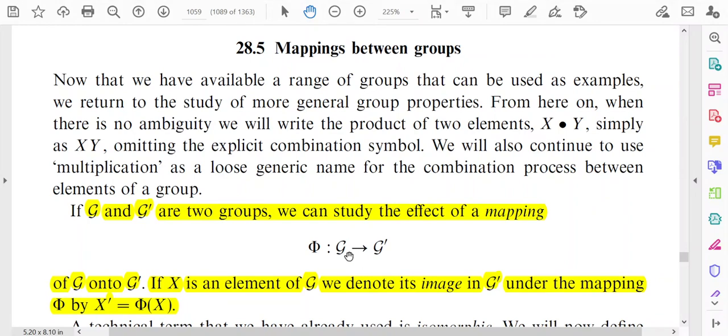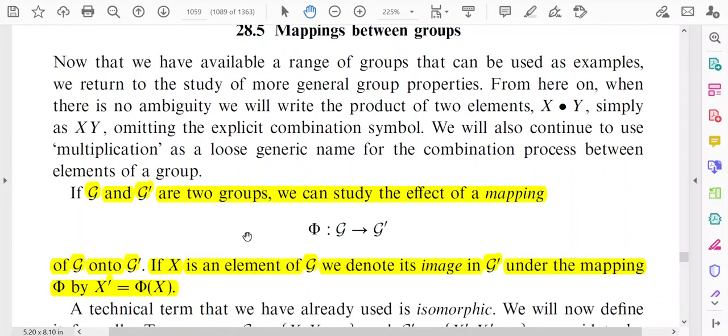Now, what is mapping? Suppose G and G prime are two groups. We can study the effect of a mapping phi of G onto G prime. The arrow symbol means we are studying a particular mapping phi, a mapping of G onto G prime.